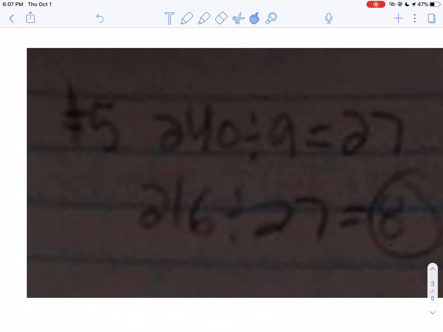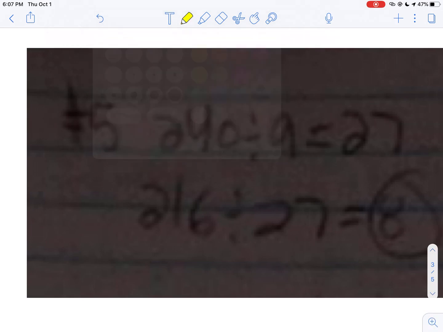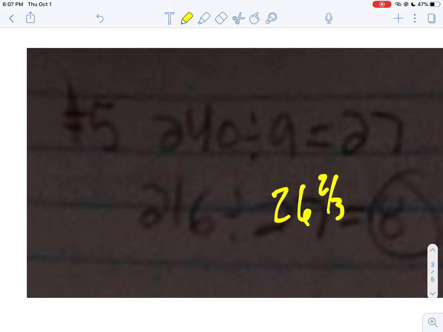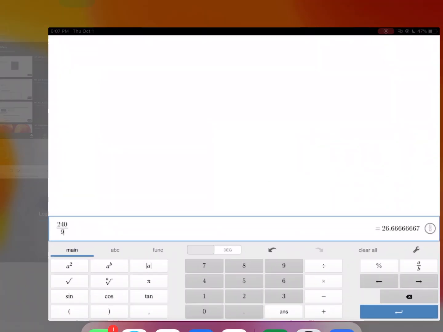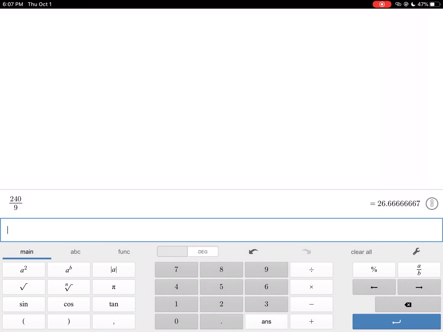Bring back the calculator. Now, you're going to take 216, rather than dividing it by 27, we're going to divide it by 26 and 2/3. So I'm going to take 216 divided by 26 and 2/3, and this is where the calculator on decimals works pretty nice. I just press my return button, just like on a keyboard. I'm going to take 216.